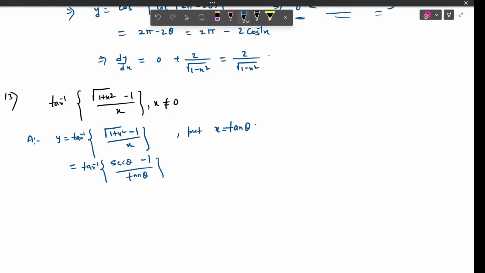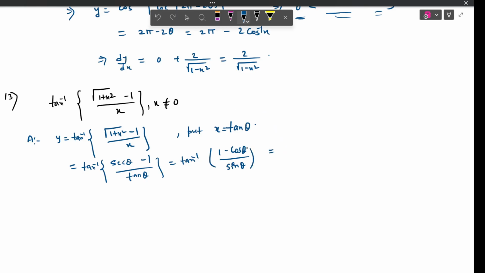Now breaking into sin and cos, it will be 1 by cos, so 1 minus cos theta by cos theta, and from tan theta you will get sin theta by cos theta, which will cancel out. You will get tan inverse of 1 minus cos theta by sin theta.